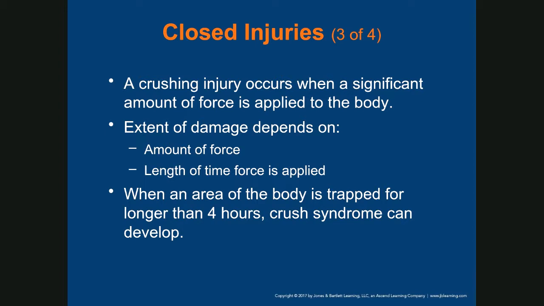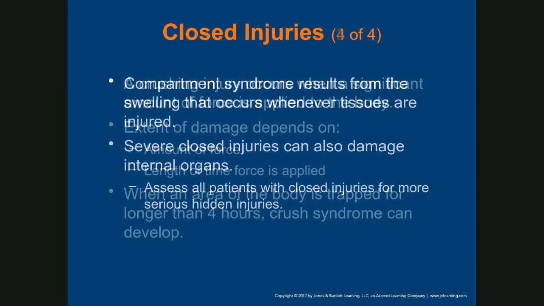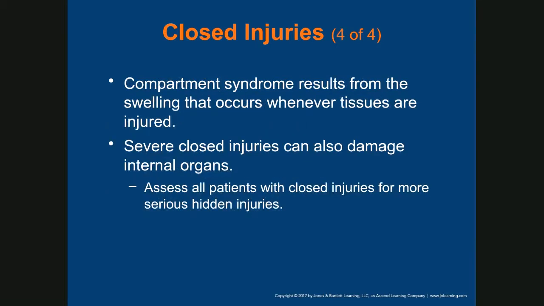Patient can also get compartment syndrome. So crush syndrome is over 4 hours. Compartment syndrome is between 6 to 12 hours, and compartment syndrome is more specific to a fracture. So compartment syndrome occurs when there's a fracture, usually to a long bone like the forearm or the leg.